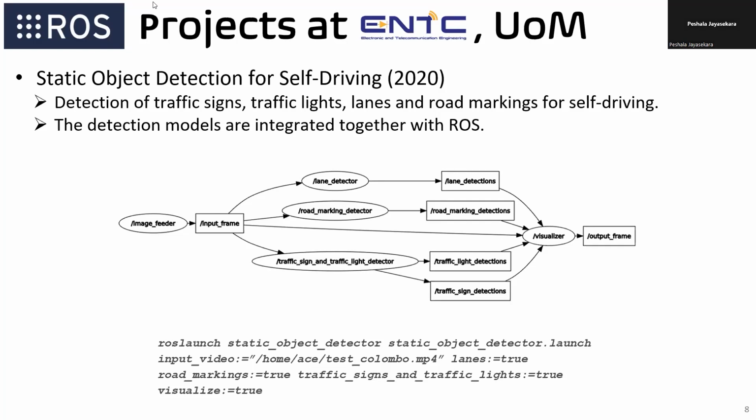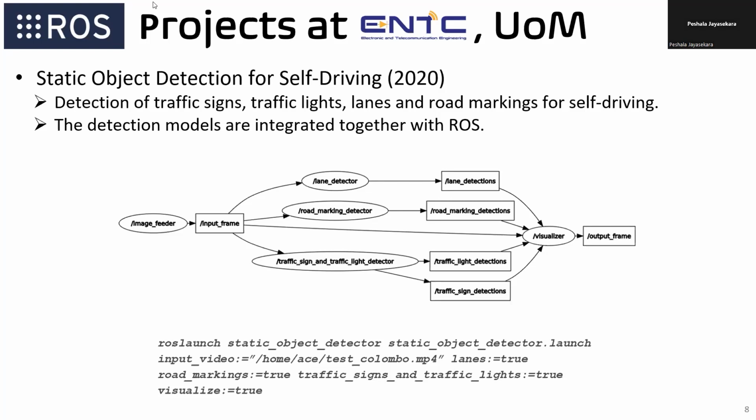The detection algorithms run as three separate nodes, and the input frame is an image message published to these three nodes. These three nodes will separately detect the lanes, the road markings, and the traffic signs and traffic lights, and their detections are published into ROS topics with the names displayed. The diagram you are seeing is the RQT graph of our project.